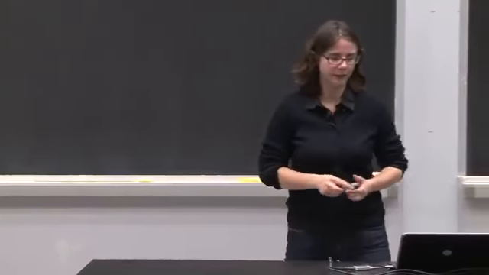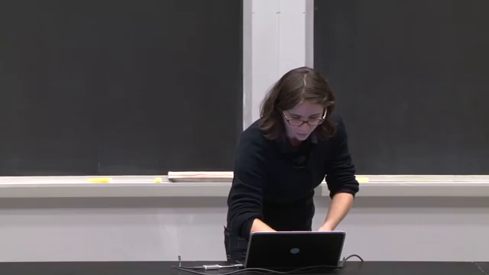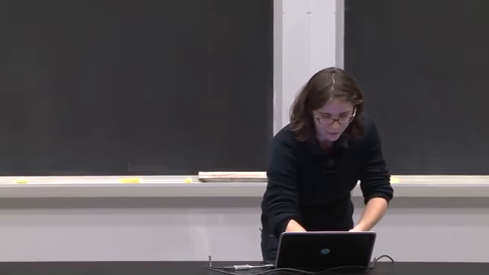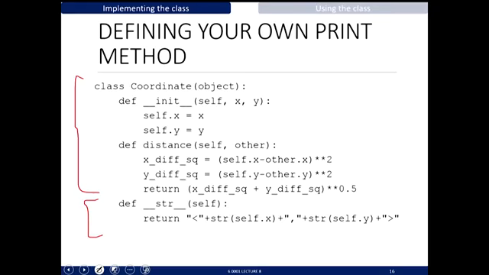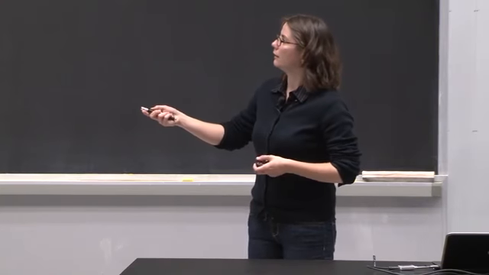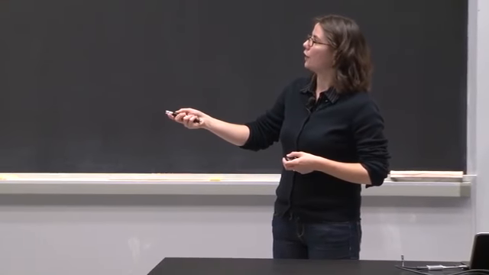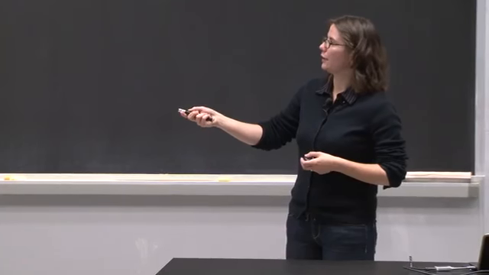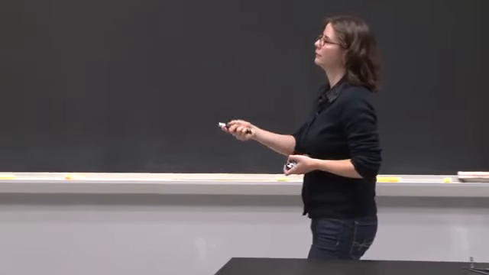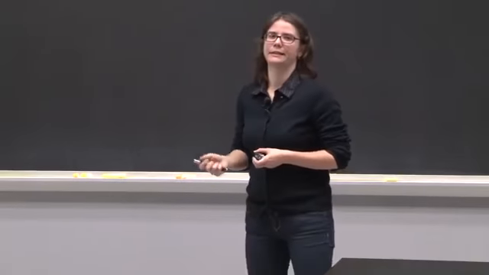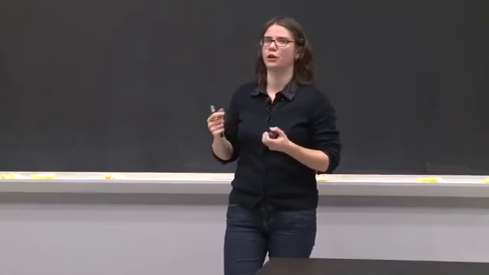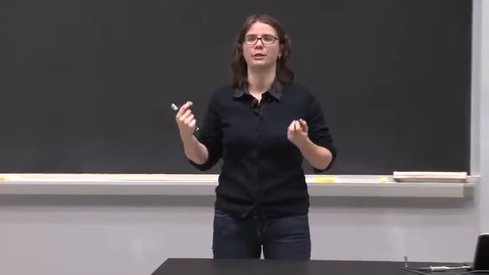All right, so how do we define this? So far, we've defined all that, and the last part's going to be new. We've defined the init and the distance, and let's define this str. __str__ is a method. It's only going to take self because you're just calling print on the object itself.